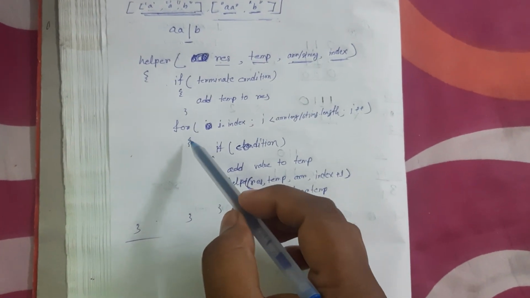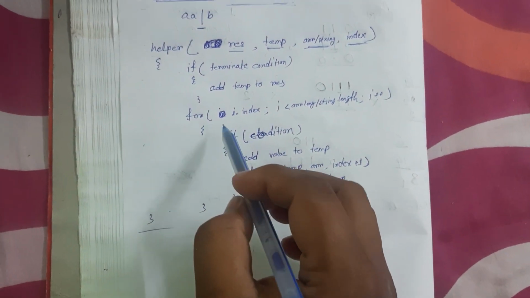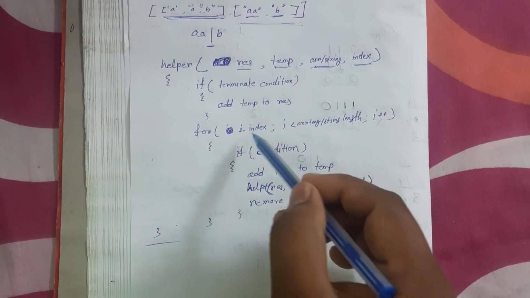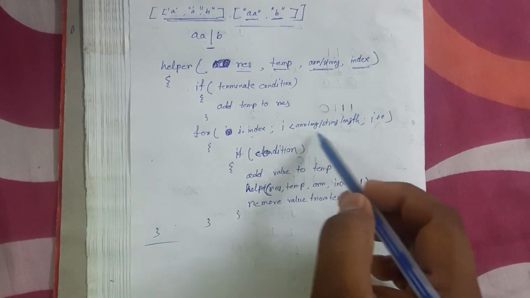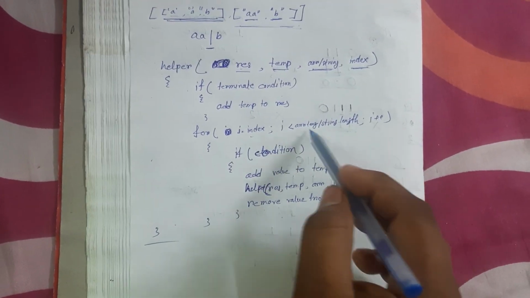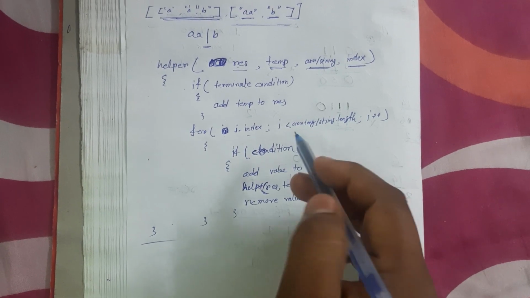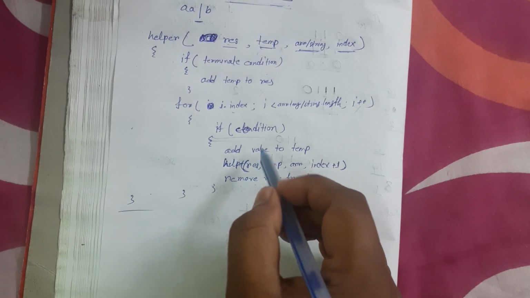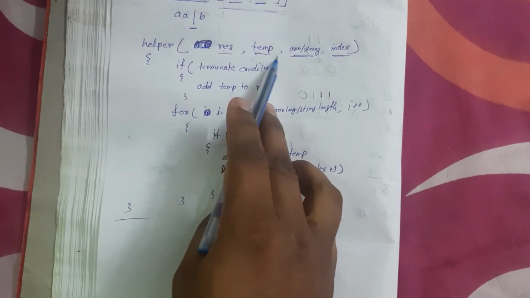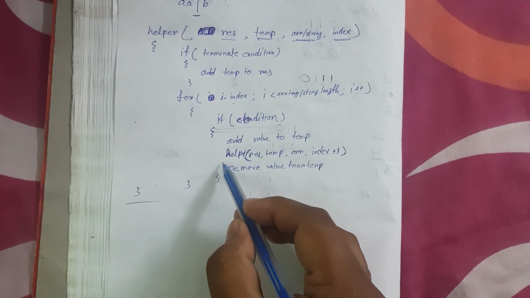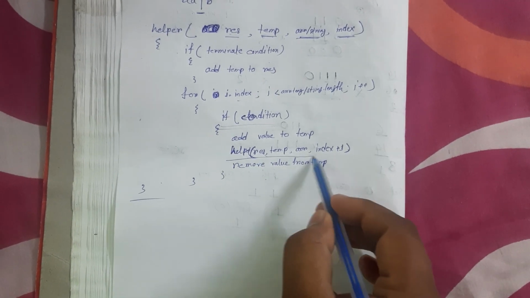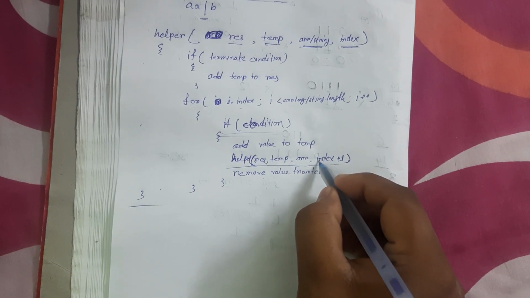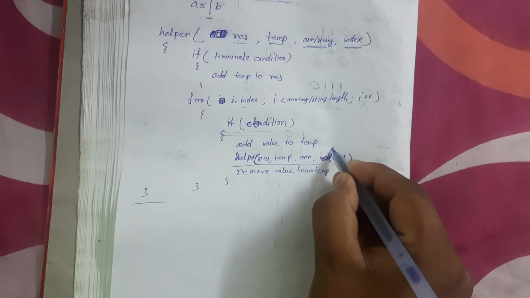Then what we'll do is simply iterate over the array from the starting index to the length of the array. Then there will be some condition on whether we should add that value to our temp variable or not. Then we will call the helper function again with the next index. So here it should be i plus 1, not index plus 1.